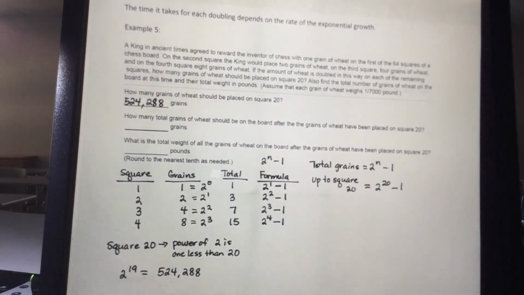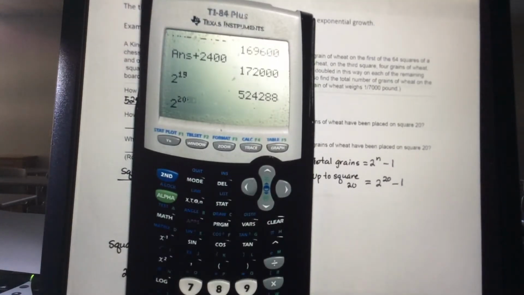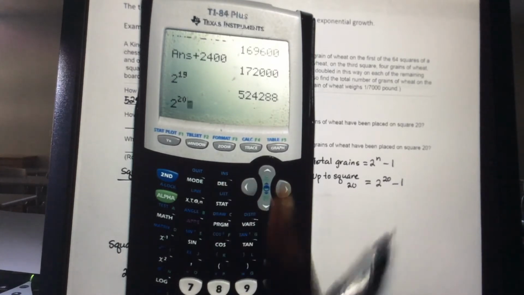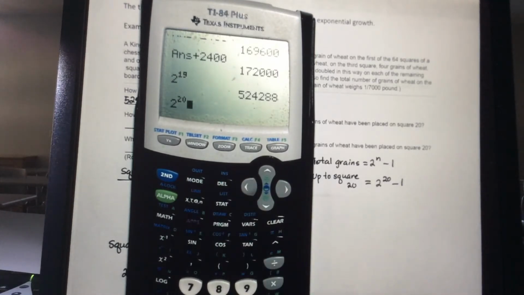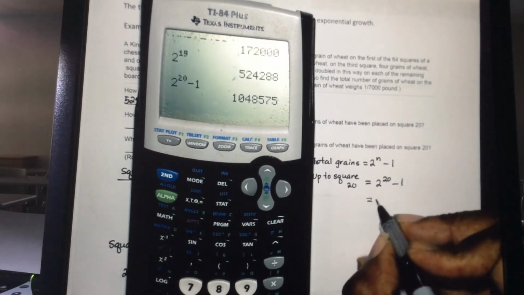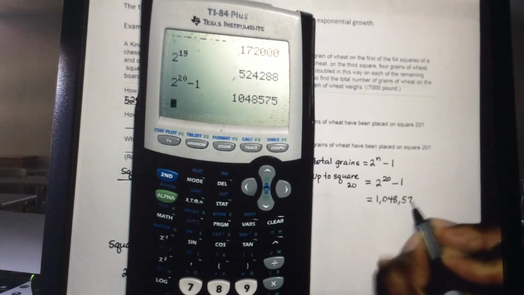Now, on the calculator, you can do 2, and then the hat key for your exponent, and then 20. Well, you have to use your right arrow key to get out of the exponential part, okay? And then minus 1. So it'll be 1,048,575.